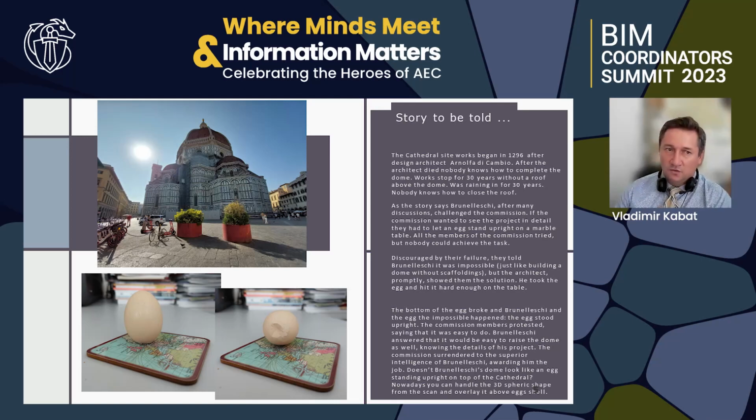The commission members protested, saying that it was easy to do. Brunelleschi answered that it would be easy to raise the dome as well. Of course, he knew the details of his project. The commission recognized the superior intelligence of Brunelleschi, awarding him the job.